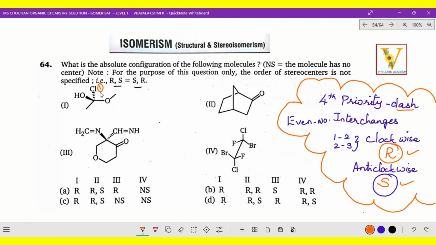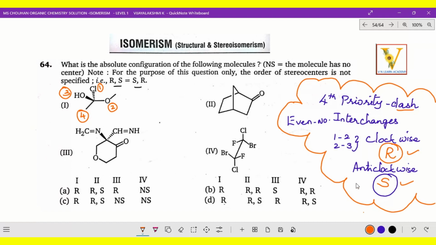Because the atomic number is higher, the priority will be higher. And OH and O, so the second priority goes to oxygen, directly attached. And the third one, of course, the hydroxyl group. And the fourth one, the methyl group. Okay, but here the dash position is there, no?